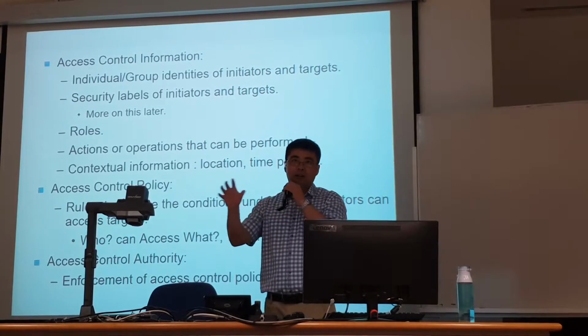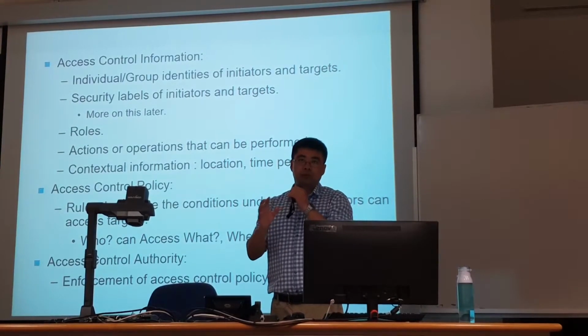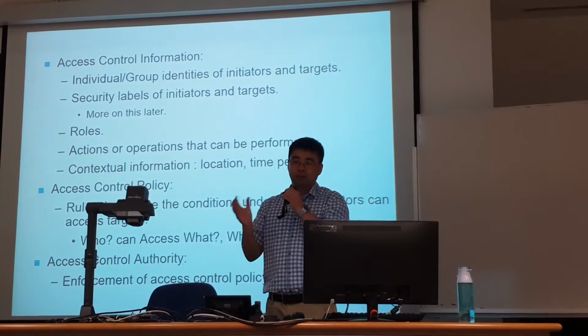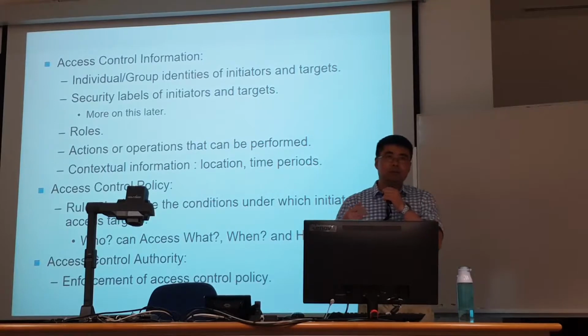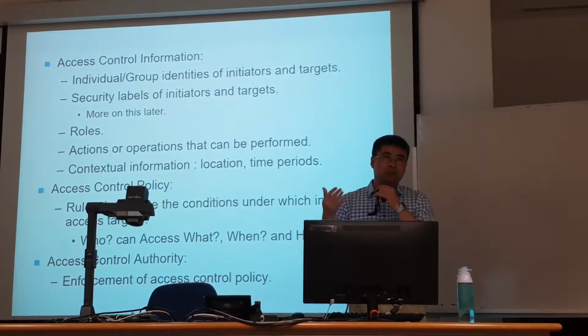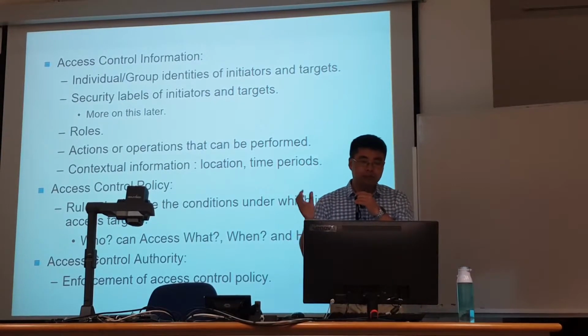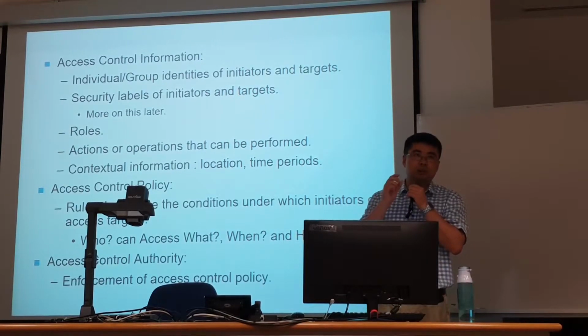For example, all of you are in the group of UOW students, and I'm in the group of UOW staff. So we can determine the access based on individual IDs or based on group IDs. In Unix, later you'll see, each user belongs to one group or multiple groups, and the access control can be done based on your individual ID or your group ID.